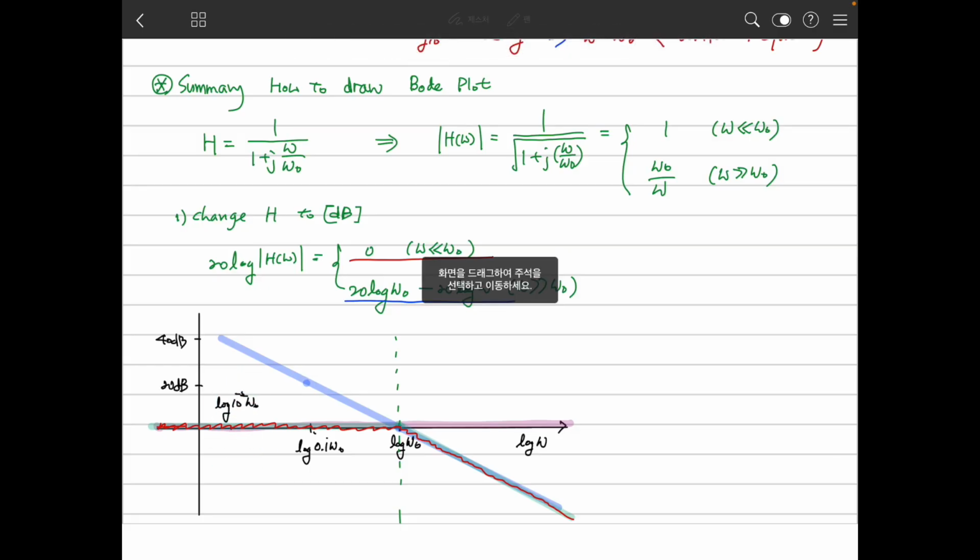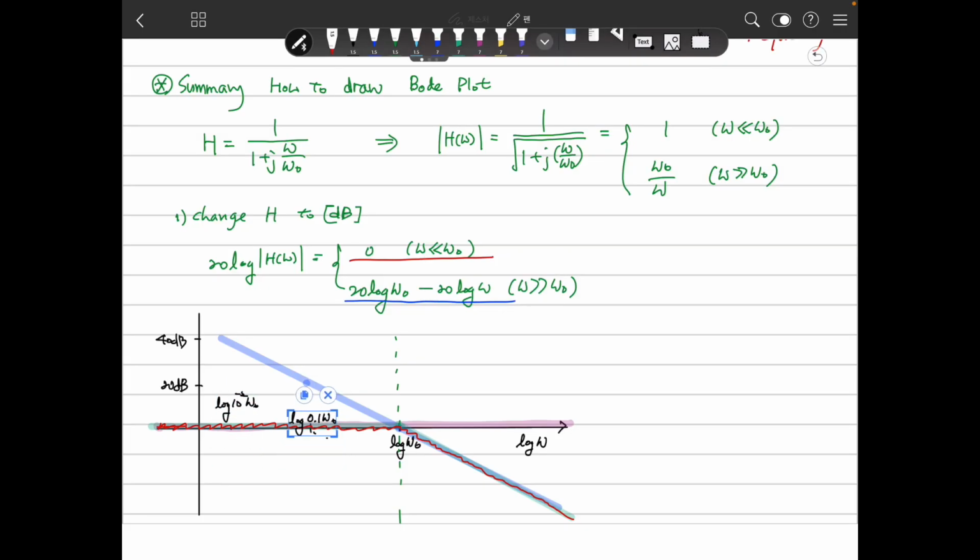Actually, this point is here. If you want to draw the exact values, the problem is here. This part is right, because this frequency range is very much lower than omega 0. This part is also right, because this range is very much higher compared to omega 0.